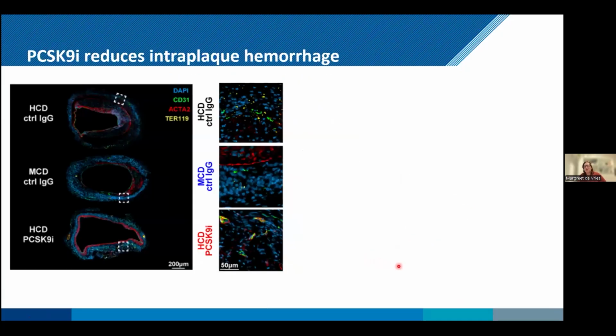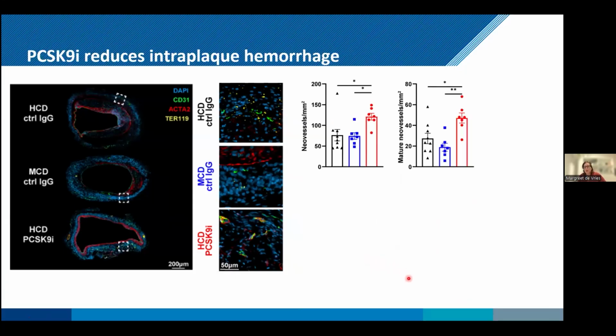So we also validated this on histology. So comparable to the light sheet analysis, we could see an increase in neovessels, and we could see more mature neovessels due to an increase in ACTA2 coverage, as can be seen in red over here.